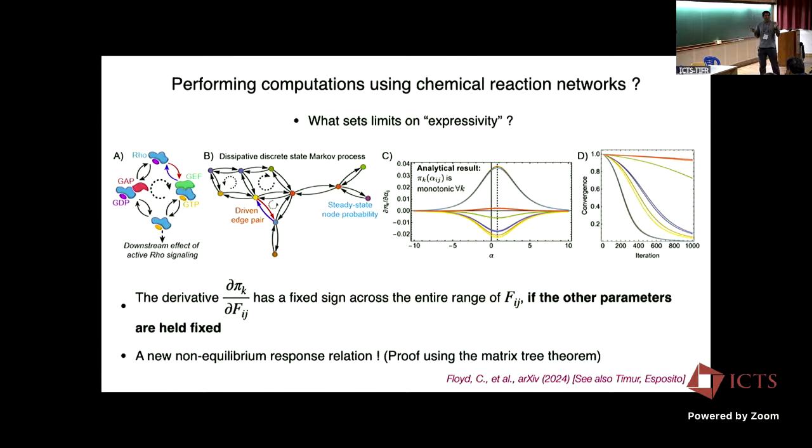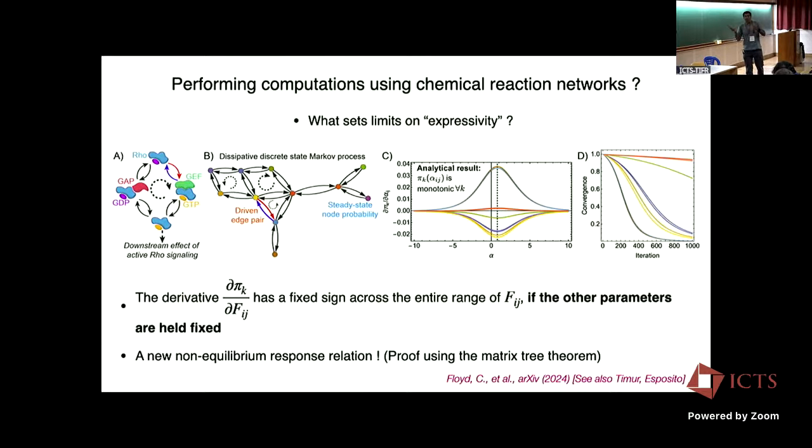There are also additional symmetries that pop out if you stare at this curve. This is a curve in which we have plotted the same quantity for different nodes. We are tracking one Fij, and we are plotting this curve for different nodes K. And what you see, very interestingly, is that all of these curves go up and have a maxima or minima at the same point.